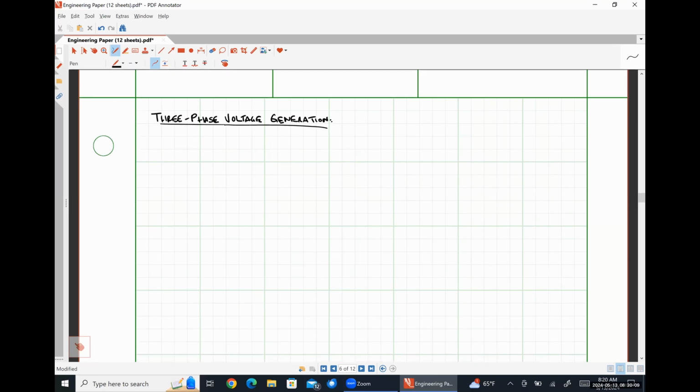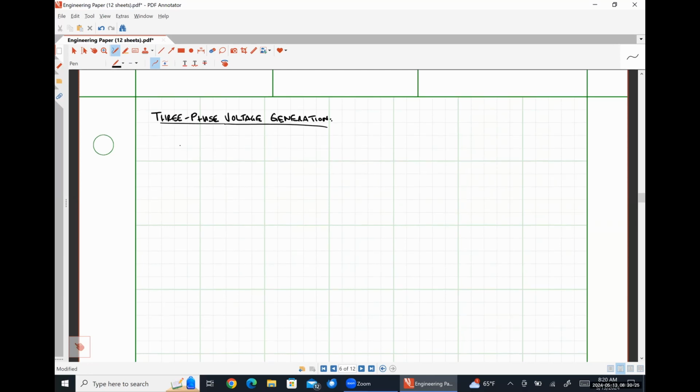So in a rotating electric machine like this, we have two main pieces. We have a stator, which is the stationary part of the rotating electrical machine. And then we have the rotor. So I'm going to start by drawing the stator. And this is realistically just a big cylinder, effectively. There's a bit more to it than that, but as far as our representation goes, that's the gist of it.